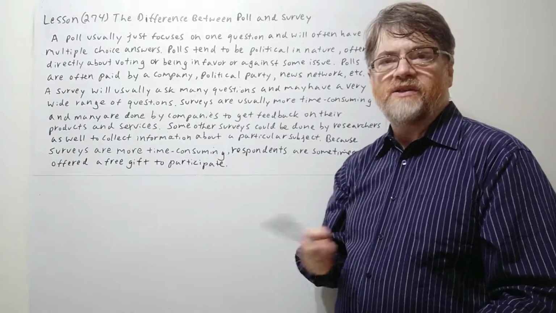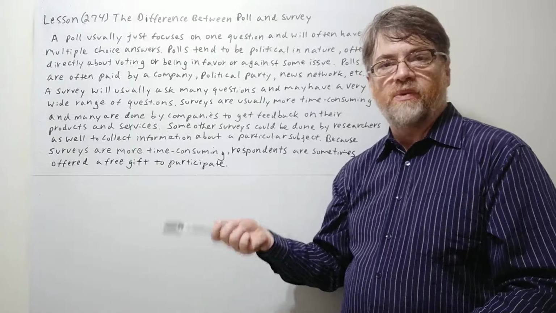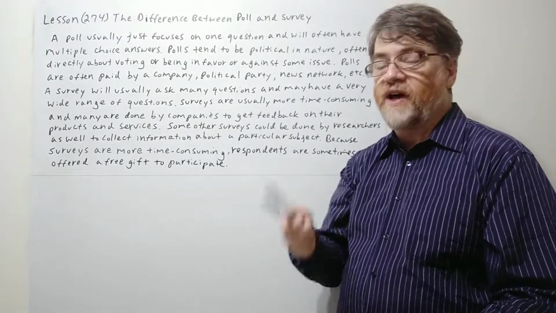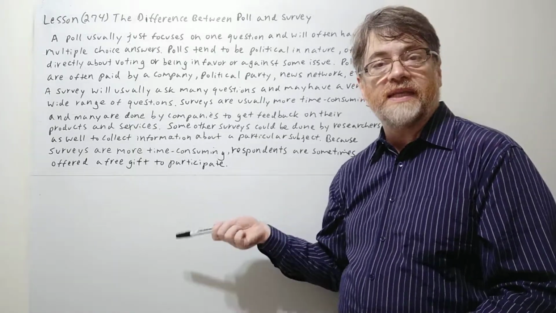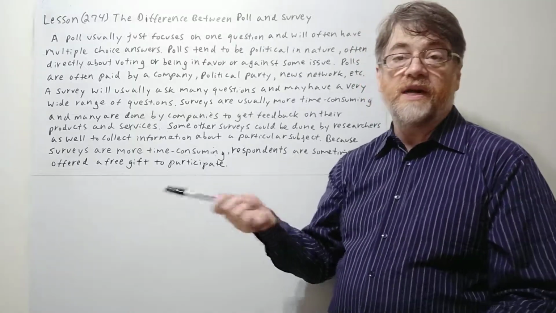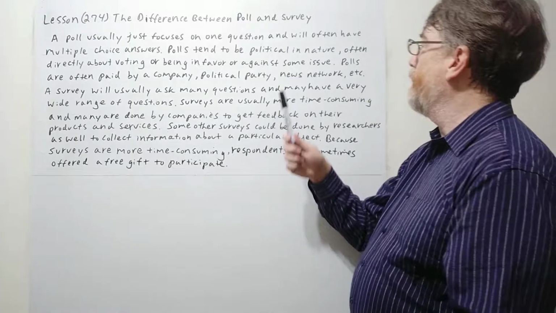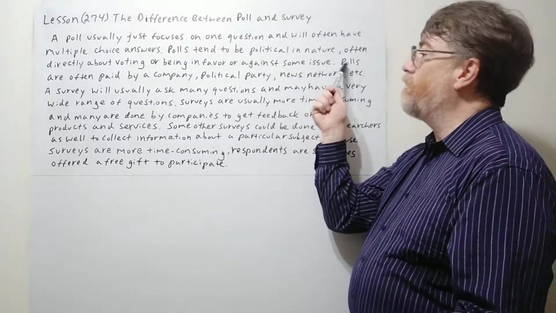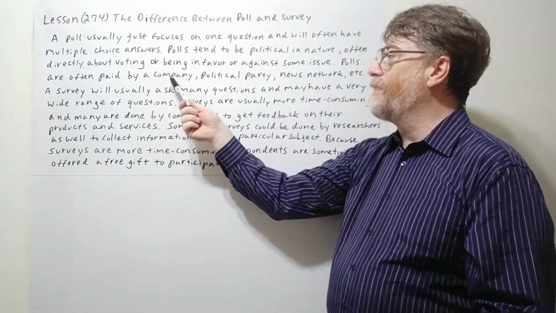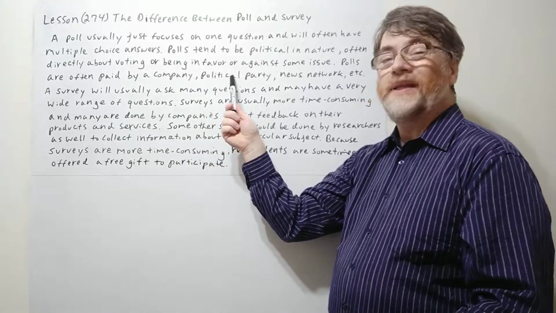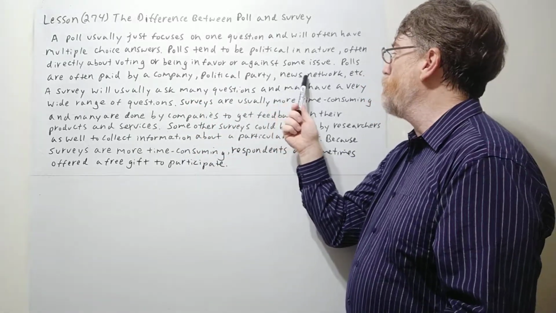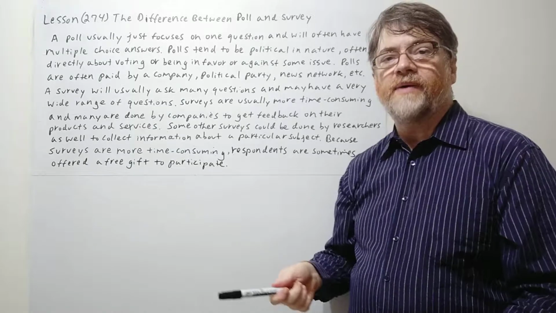So polls tend to be mostly this way. So you get like 55% for it, 45% against it, or they may have undecided as a possible option as well. Okay. Let's continue. Polls are often paid by a company, political party, news network, etc.